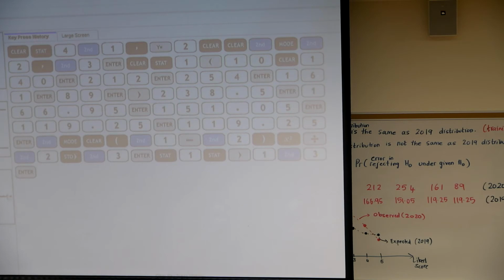Yes? How did you get it to go to L3 again? So second 3. Oh, how do you make it to go there? So let's see if I can. Second 1 is L1 minus second 2 L2 squared divided by second 2, which is the expected value, STO button right above the on button.